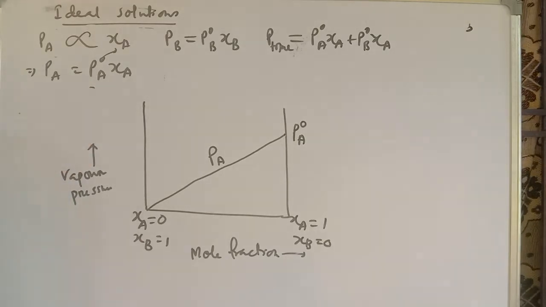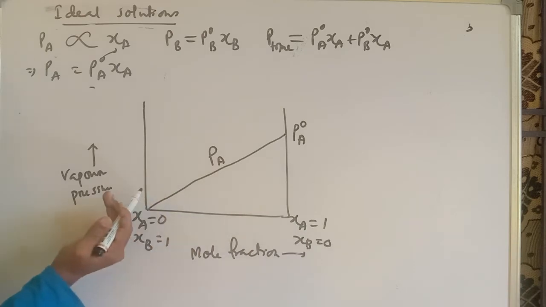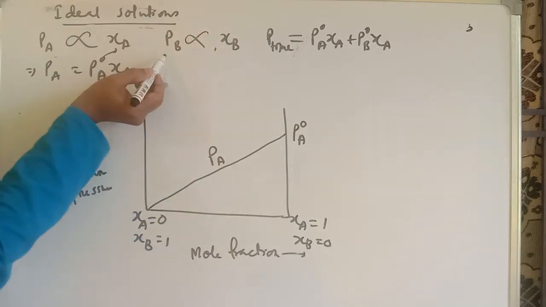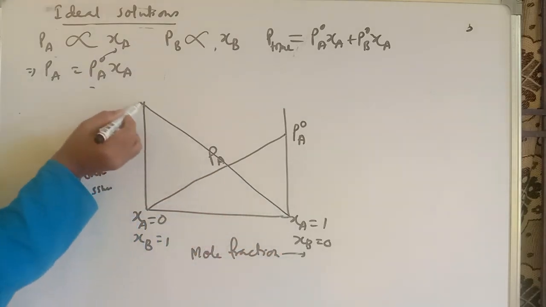Similarly, here XB is 0 and here XB is 1. If we come along this direction, XB increases, so if XB increases, PB increases. So the vapor pressure of B also increases.